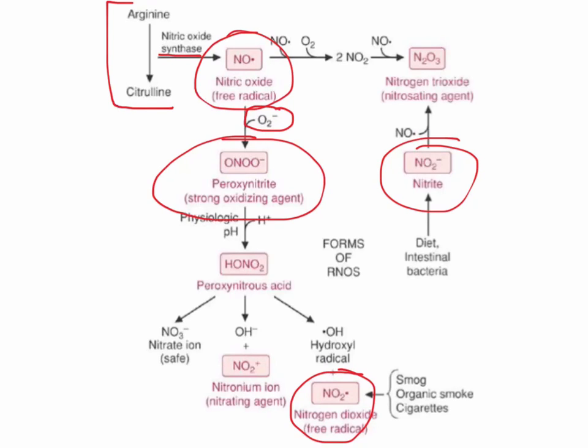Nitrite's used to cure meat, and it can also be formed by intestinal flora. Nitrite can interact with amino acids to form nitrosamines, and these are carcinogenic. Nitrogen dioxide is found in polluted air and cigarette smoke. Exposure to this compound is damaging to the lung.